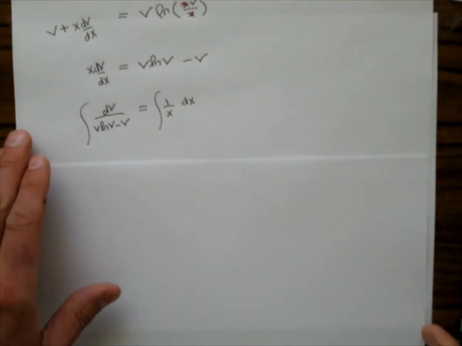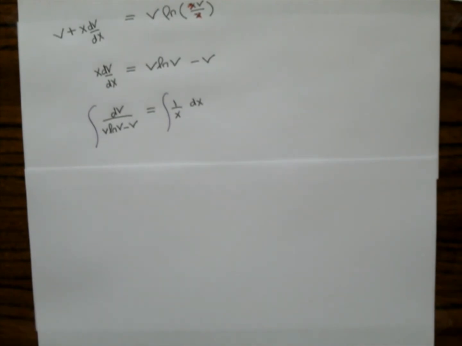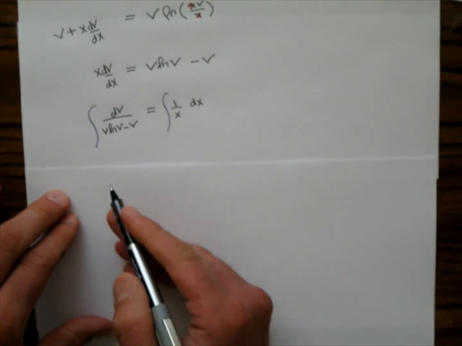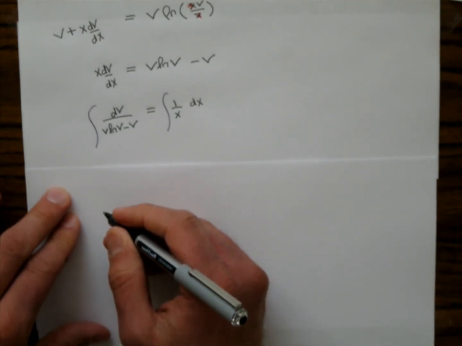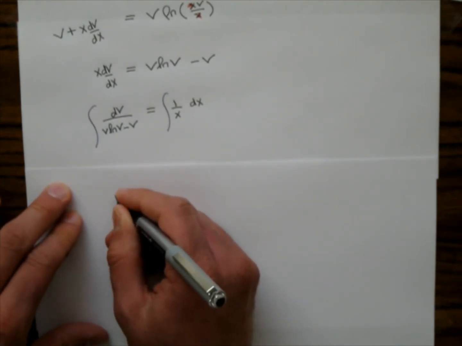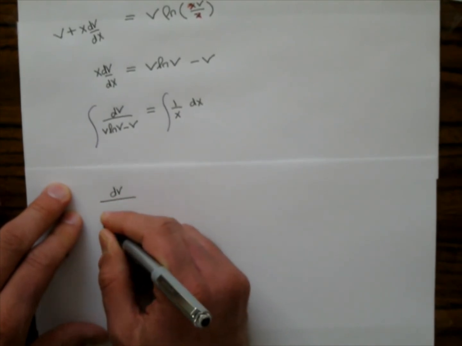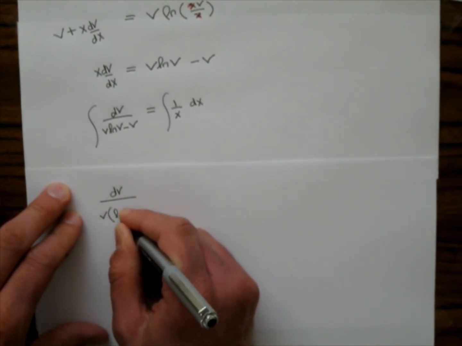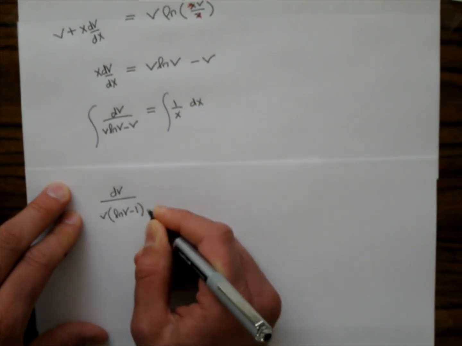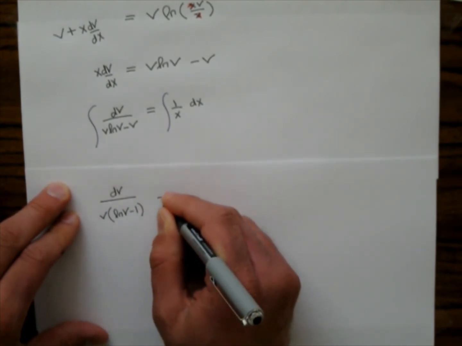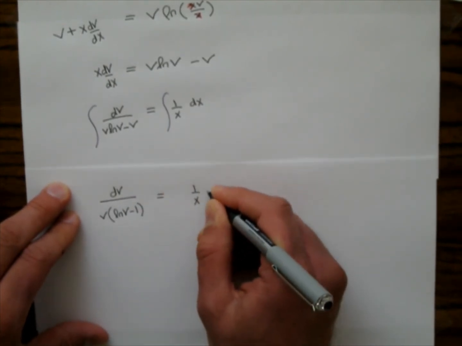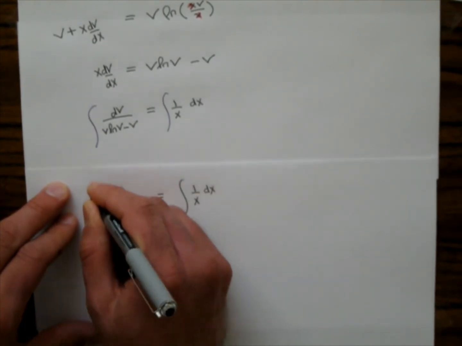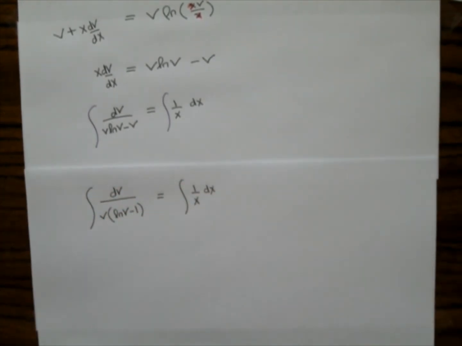And wow, so the integral of the left-hand side looks rather crazy. I mean, look at this. Let's factor out a v, and then I have ln v minus 1. Okay, and we'll just keep the right-hand side exactly the same way. Now I'm taking a look at this right here.